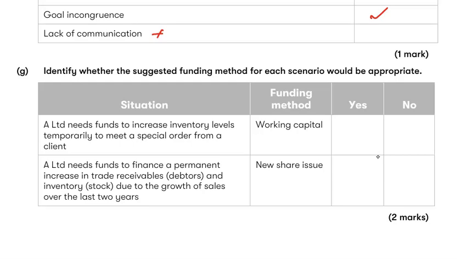New share issue, yes or no? So I will go with yes, because when the increase is for the short term, you just invest in working capital. But this is a long-term increase, so in the long term they will make some kind of new share issue, so they can invest further money in the business.